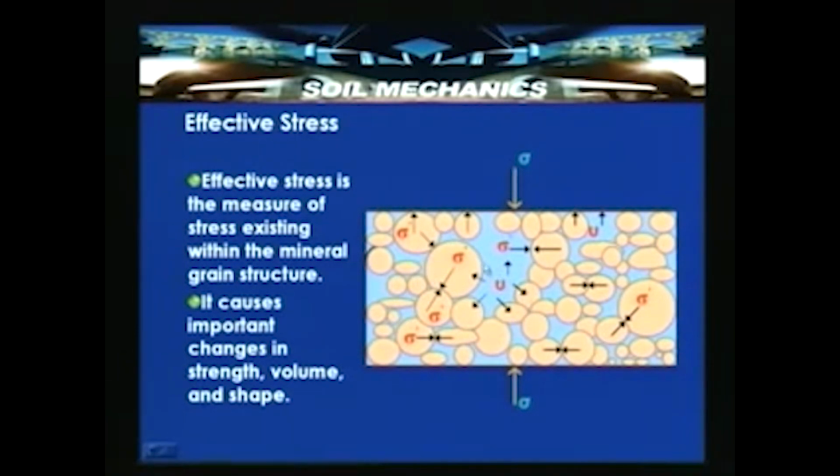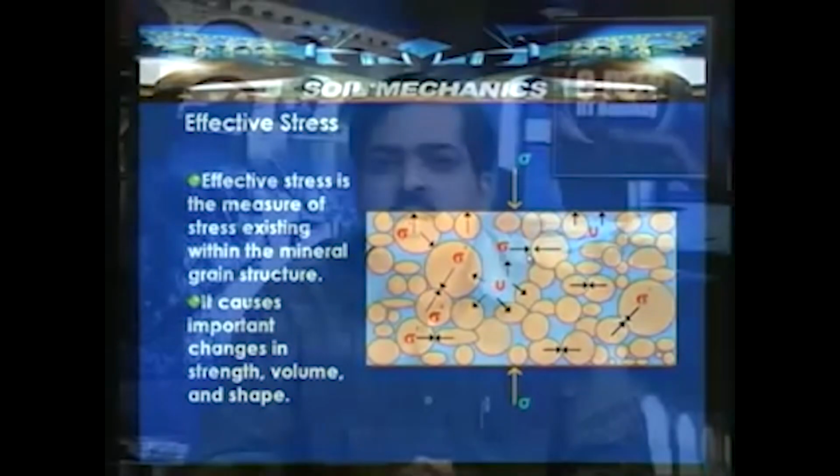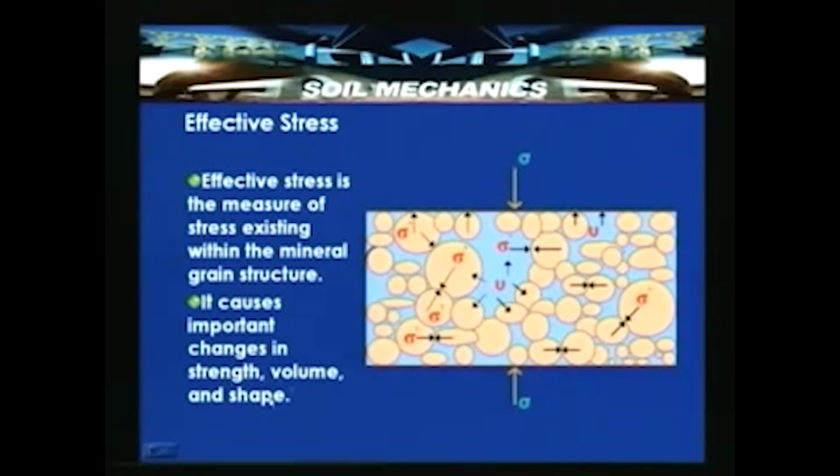You can see here, u is the pore water pressure existing between the grains, sigma dash is the stress acting at the mineral grain contacts, and sigma is the total stress acting over the entire soil mass. So, the equation proposed by Terzaghi relates total stress, effective stress and pore water pressure. It causes important changes in the strength, volume and shape.